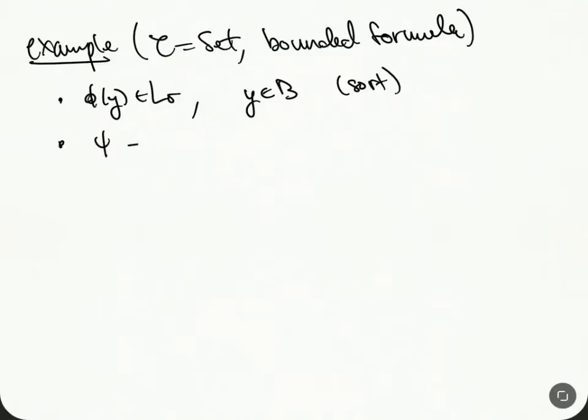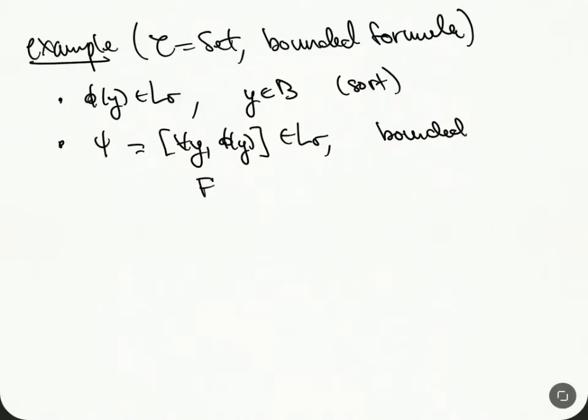So psi is going to be the bounded formula for all y phi of y. This is again in this thing, but now this is bounded. So this has an empty sort. No free variables. FV psi is empty. Okay, so this is cool.